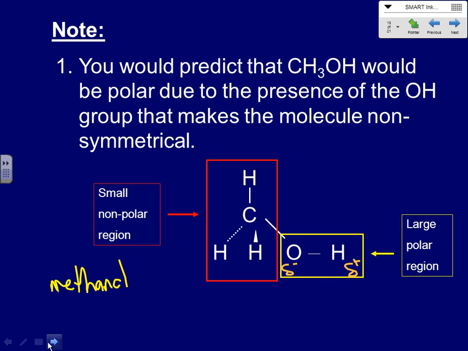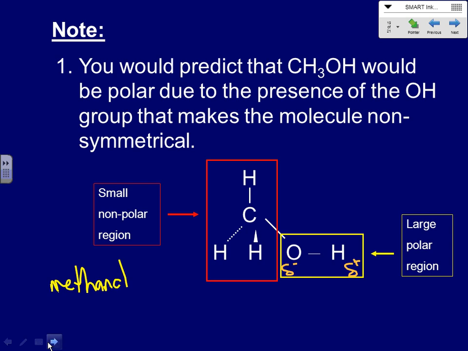Those little tiny dipoles there really don't add up to much. So you might ask, what's it going to dissolve in? In this case, when you have a small non-polar region, and in this case a large polar region, and when you see the words small and large, you're going to say, wait a minute, this thing's a lot bigger than this. What we mean by small versus large is kind of its degree of influence on the molecule.